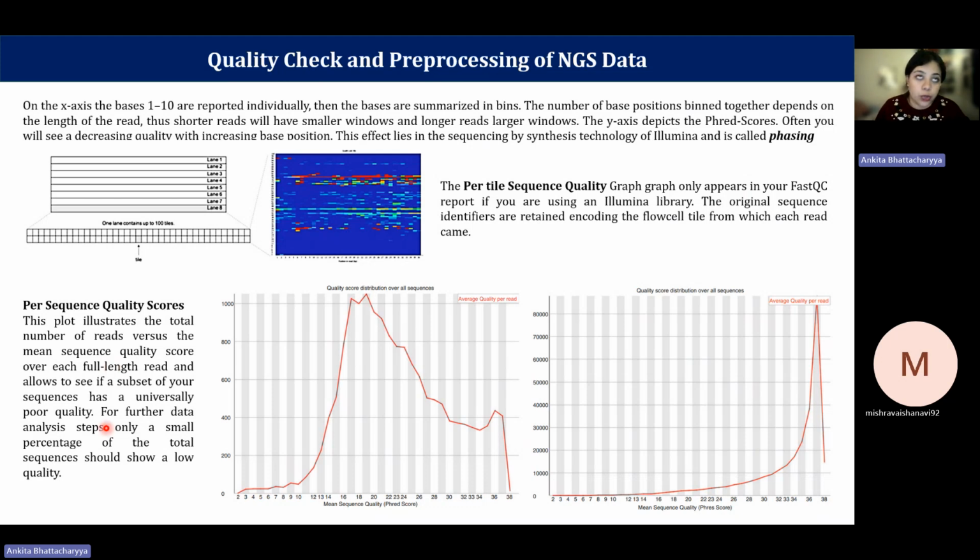What you would ideally want is for most of the bases to have very high quality and only a few to be of low quality, which is something you can see here, in contrast to the first, where you can see a lot of bases have lower Phred scores, and it's not very ideal.